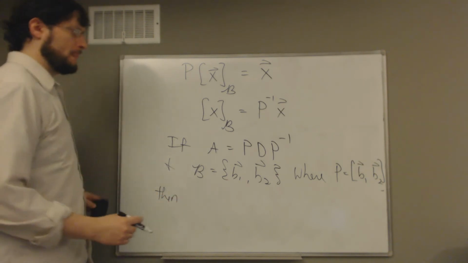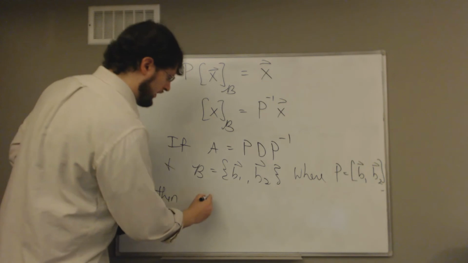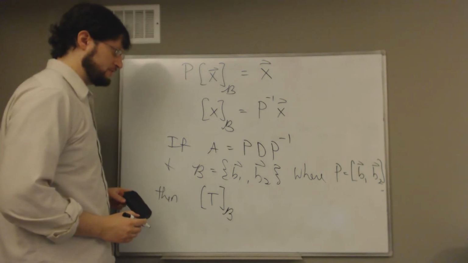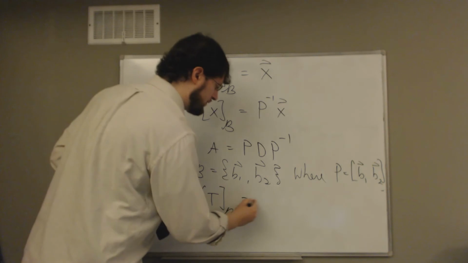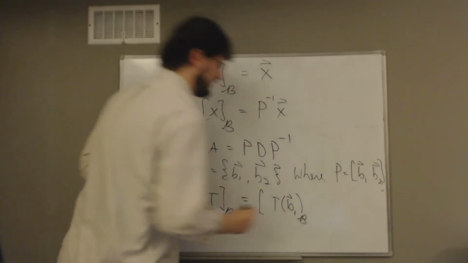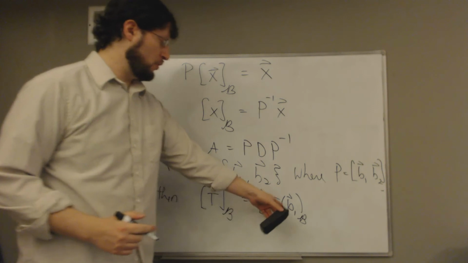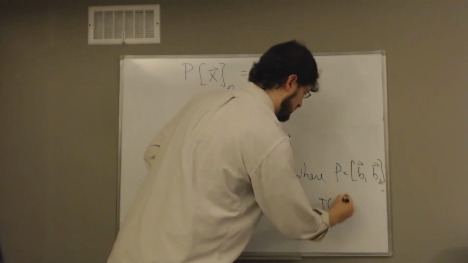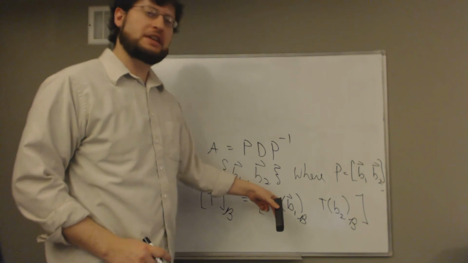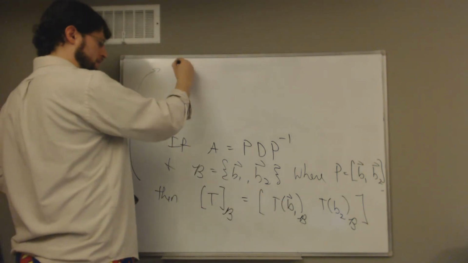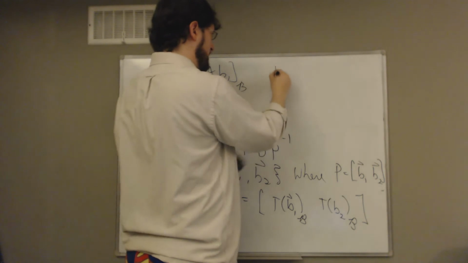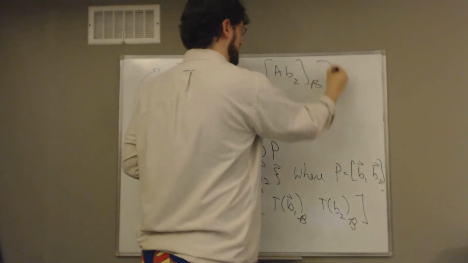Then the matrix for the linear transformation T relative to the basis B is given by T of B1 in the coordinate system B, T of B2 relative to the basis B. But remember T is just multiplication by A, so this is A B1 relative to the basis B, and then A B2 relative to the basis B.